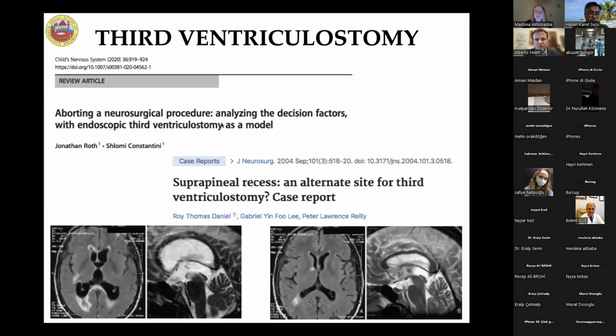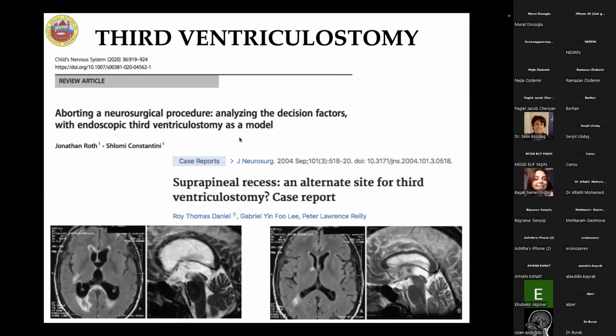I decided to show you these publications just to point out that sometimes performing a third ventriculostomy is not so easy. Although it's considered one of the basics of neurosurgery, it can sometimes be a very risky procedure if the anatomy is not favorable.